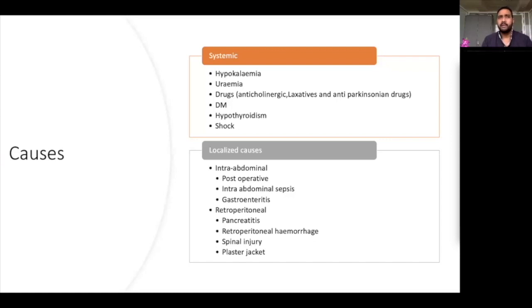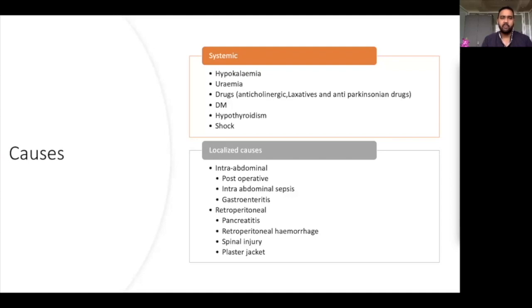Spinal injury, especially spine fractures. Not only spine fractures, even rib fractures, right? Rib fractures, that's also around the peritoneum. So whenever there are rib fractures or spine fractures, it can lead to paralytic ileus. And anyone having a plaster jacket for any fractures, or any immobilization, can develop paralytic ileus.